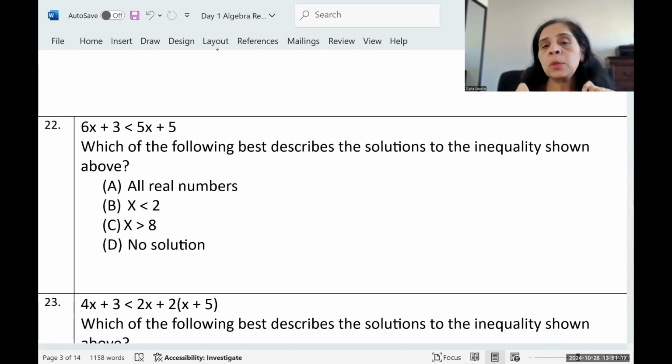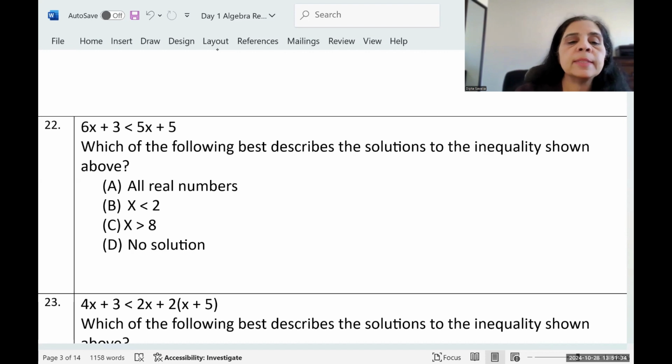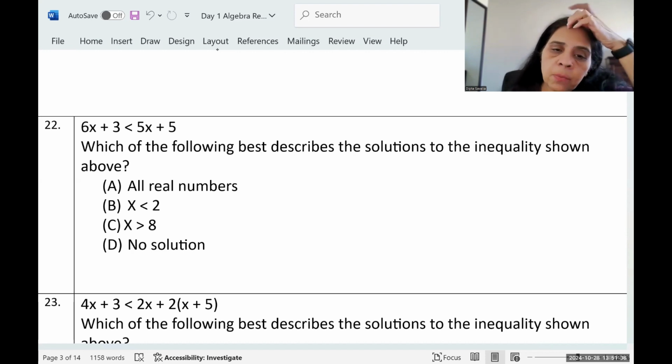So whenever you try to solve an equation or inequality, if the variable cancels out from both sides and the leftover line is true, it has infinitely many solutions, or we can say all real numbers. If the final line is false, then no solution.